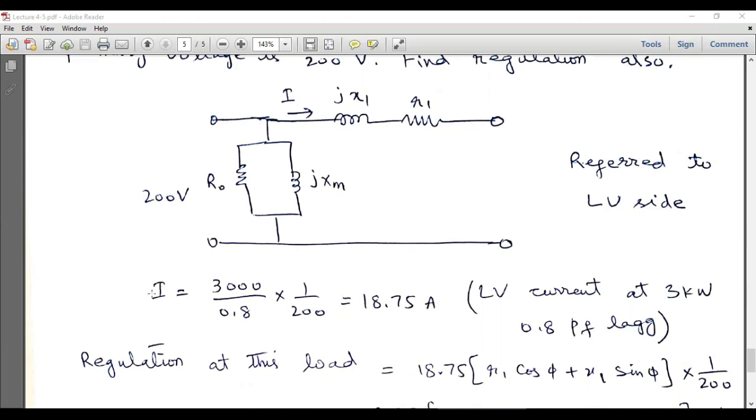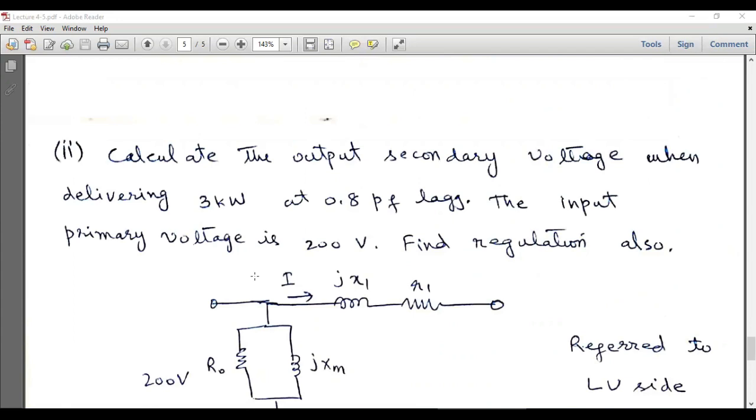So first we will calculate the current which is flowing through this series branch, and for calculating this current we have to consider the information of the power and the voltage. So we know that I is equal to S over V, since S is equal to VI, where S is the apparent power or the kVA. The active power is equal to VI cos phi.